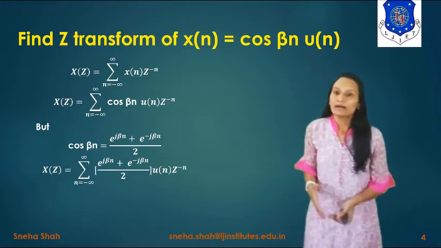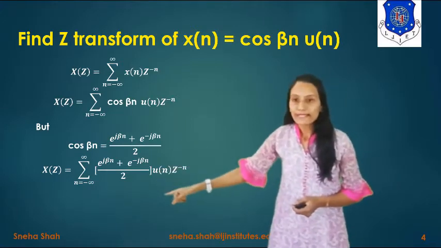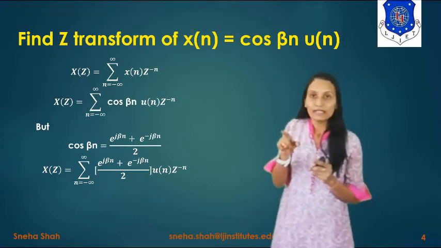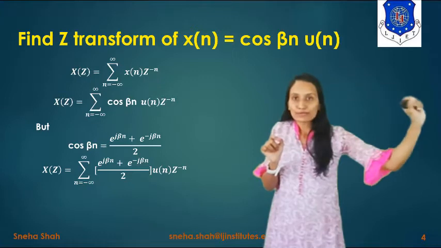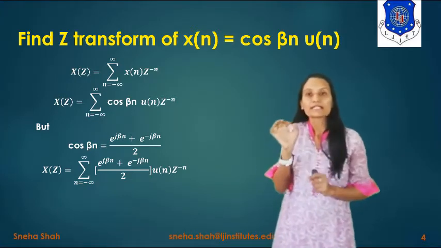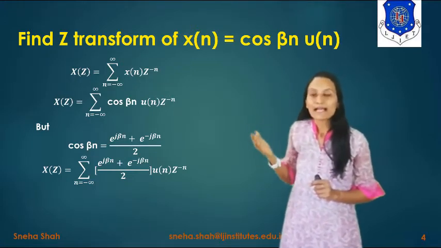Right. Now from here we have to solve this term. As you know, u of n gives you the causal sequence, meaning its value will be 1 for n equals 0 to infinity, and for n equals minus infinity to minus 1, its value will be 0. So 0 multiplied by any term gives the answer 0.